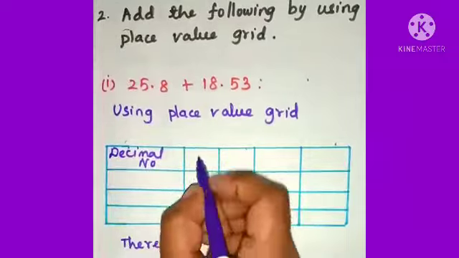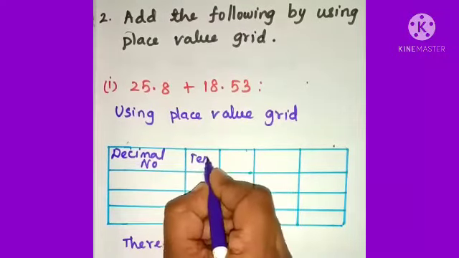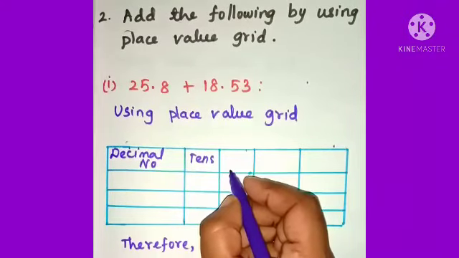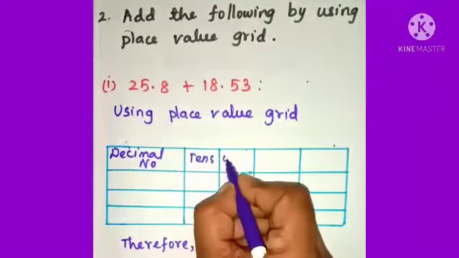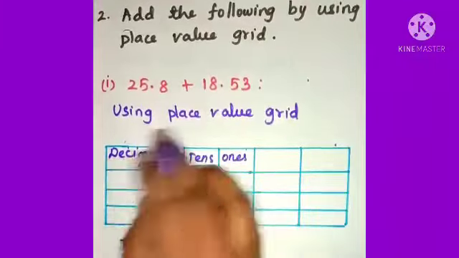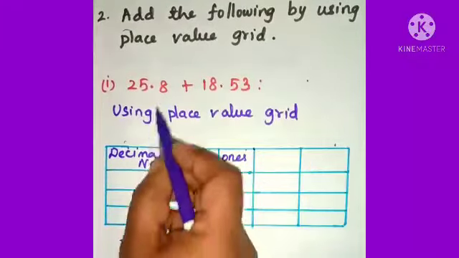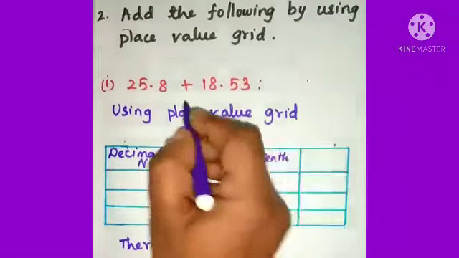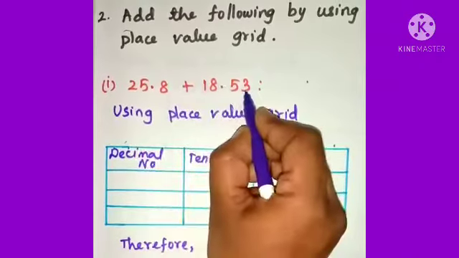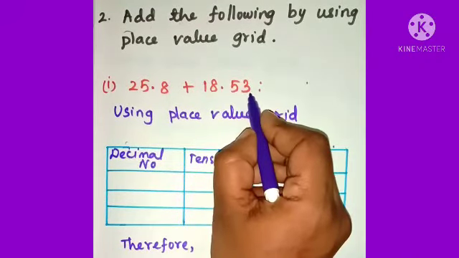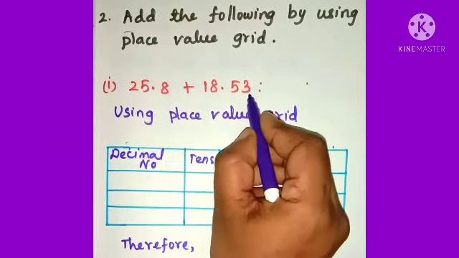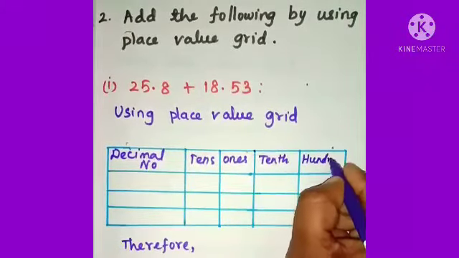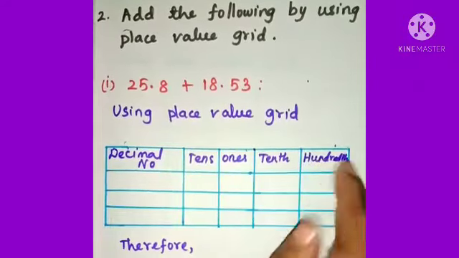Tens place is given, so write tens, ones, and the decimal point will be here. We fill from left to right. Then 8 is in the tenths place, and in the second decimal number, 3 is in the hundredths place, so add the hundredths column.